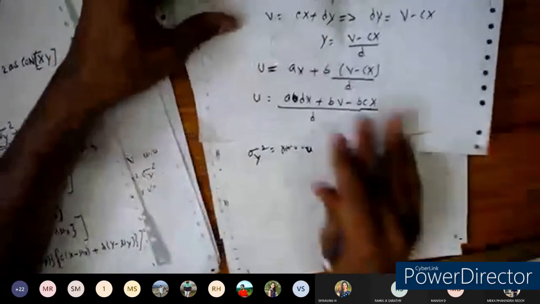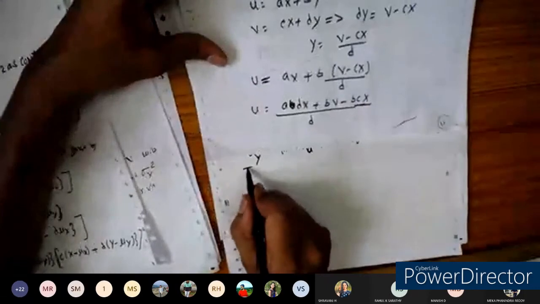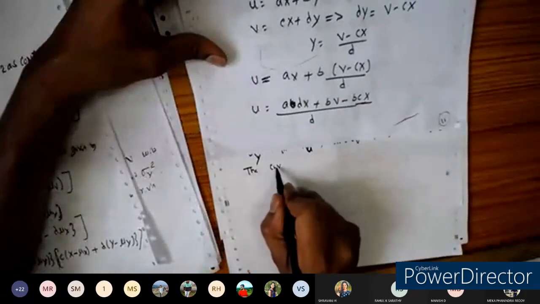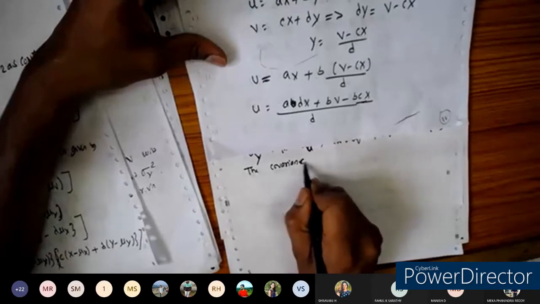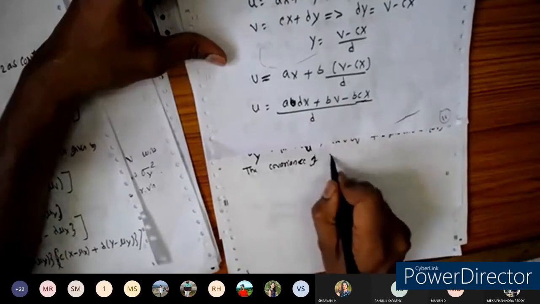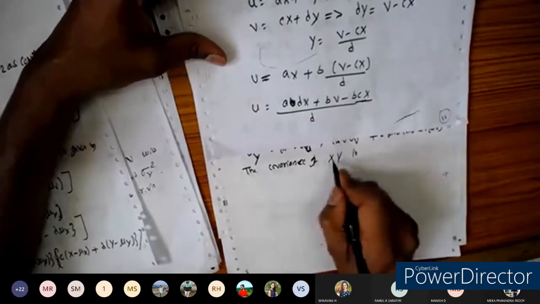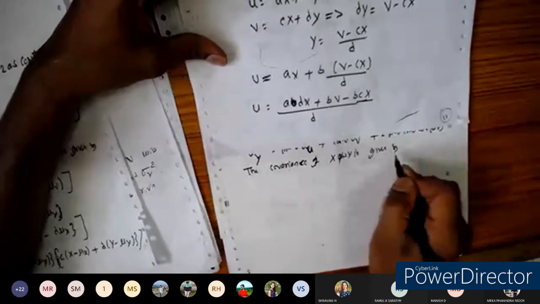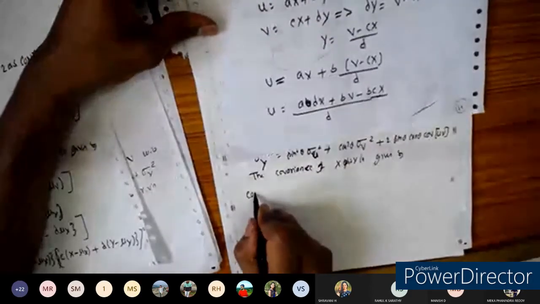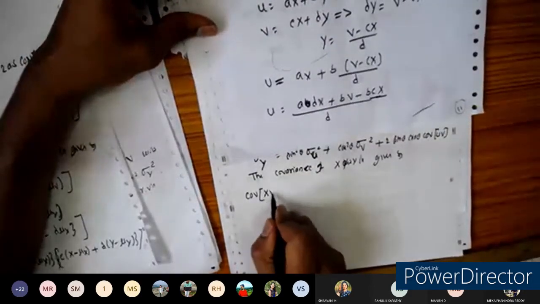So the covariance of x and y is given by the expression in terms of the random variables.